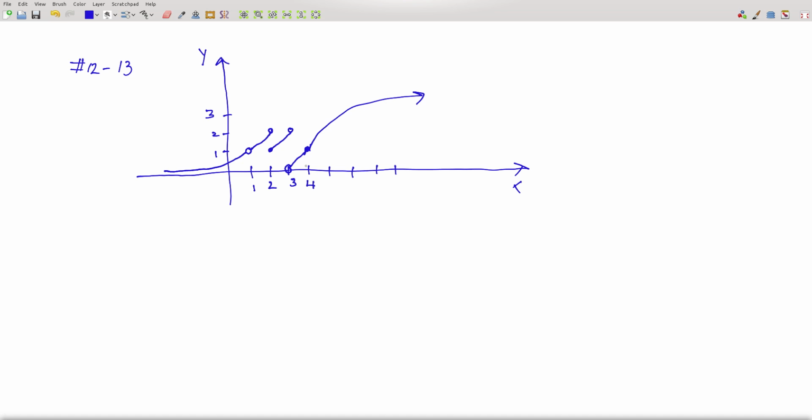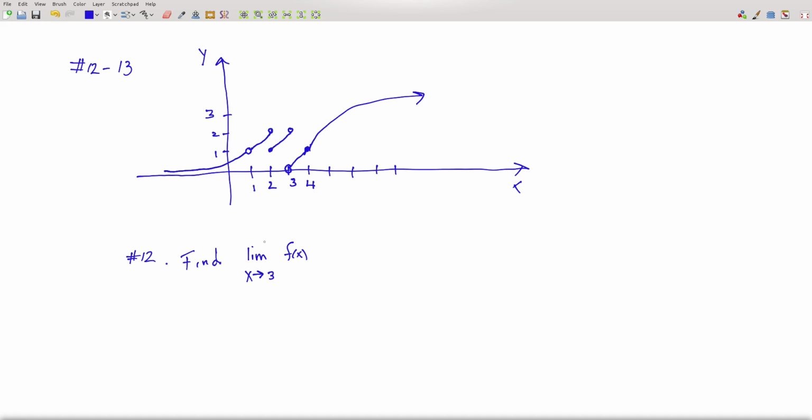In number 12 and 13. And so now let's concentrate on number 12. Number 12 asks us to find the limit as x approaches 3 of this function f of x.